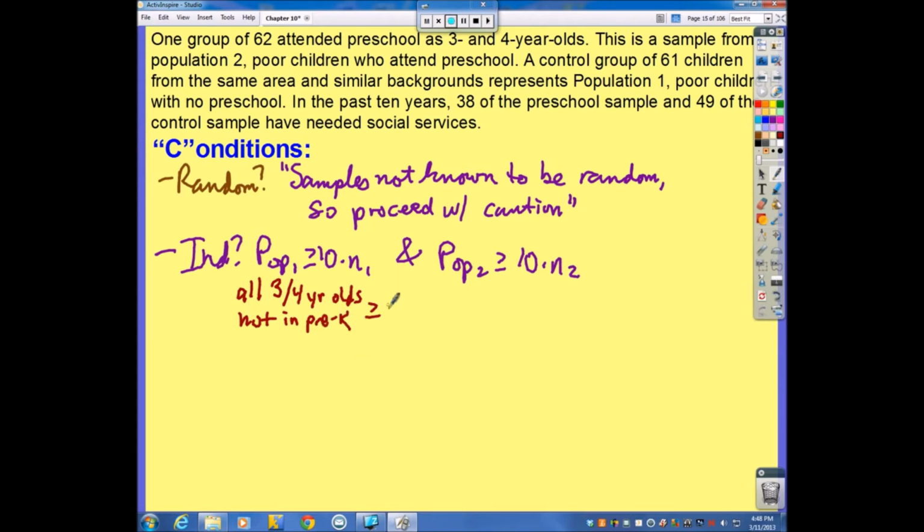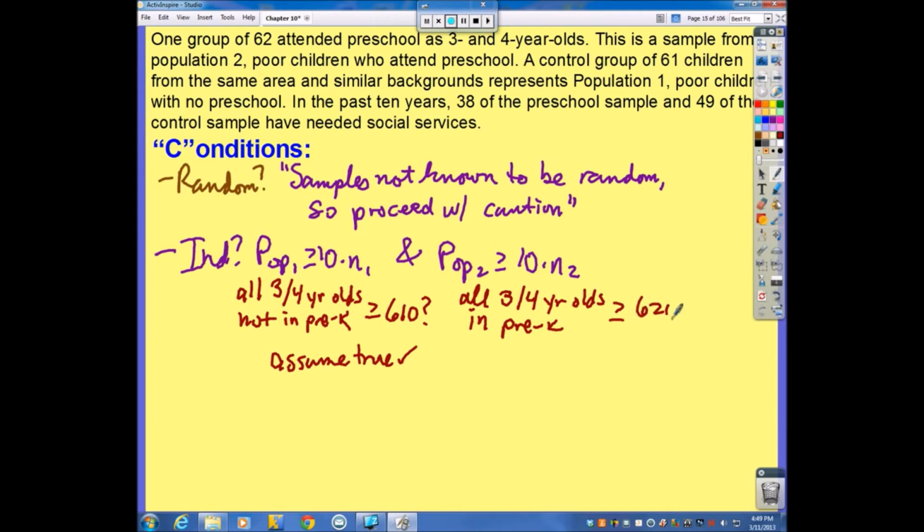And is that greater than or equal to 610? Yeah, we can definitely assume that that is true. Population 2 would be all 3 to 4-year-olds in preschool. Can we assume that is more than 620? And I believe we can assume that is true.